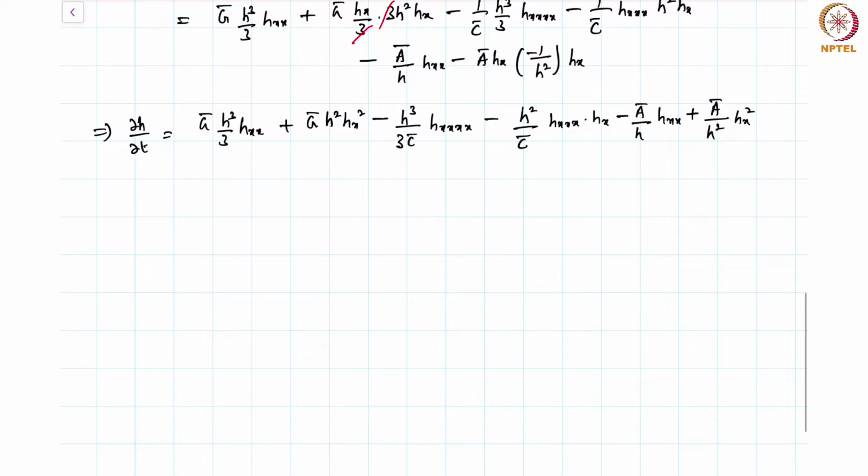So that completes the evolution equation for the thin film, including the van der Waals force.